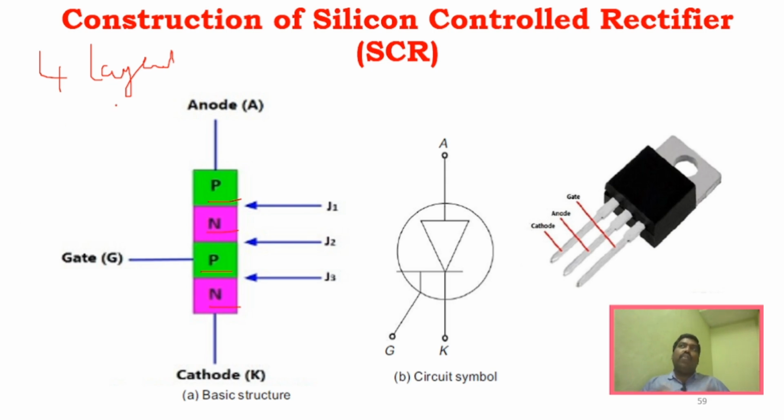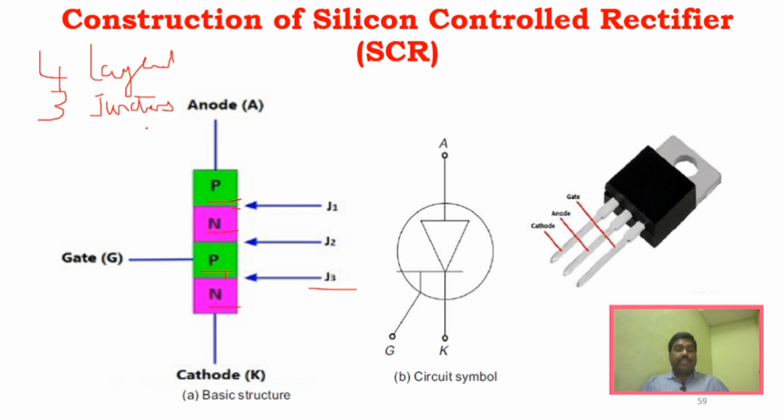And when you have four layers, right, you will have three junctions, right? When you combine these two PN junctions, you will have one junction, and these two PN junctions will form another junction, and these two PN junctions will form another junction. So there will be three junctions.